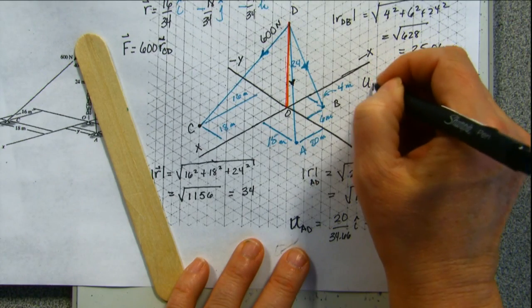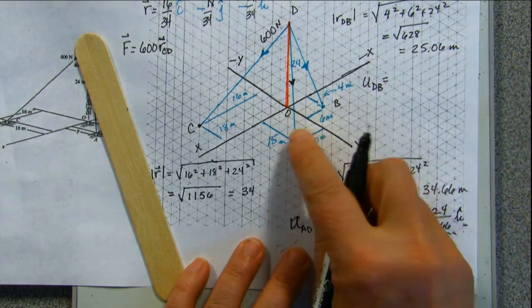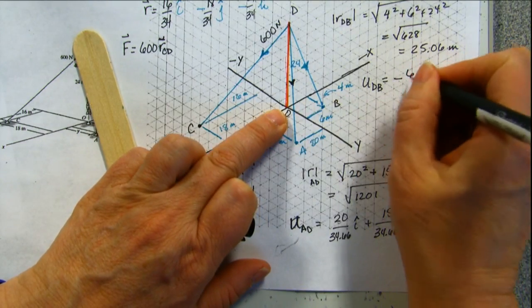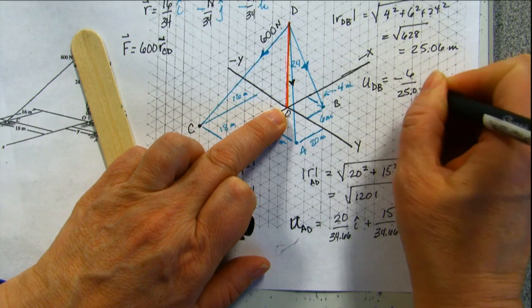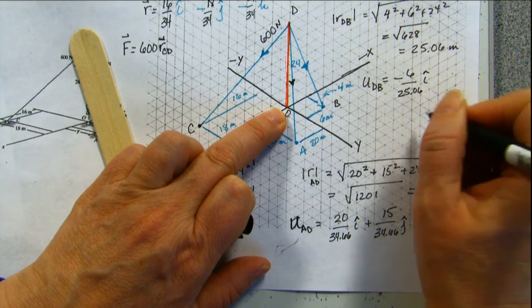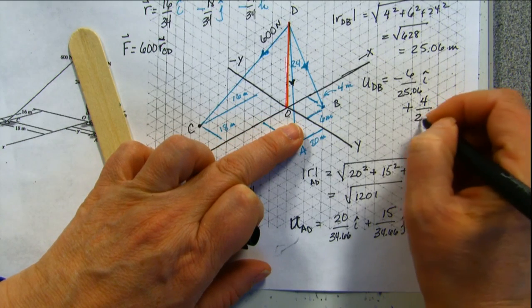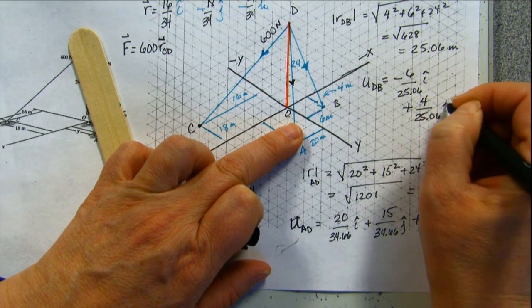My unit vector DB is going to be, it's in the negative x direction, so negative 6 divided by my 25.06. It's in the positive y direction, so that's 4 divided by my 25.06.